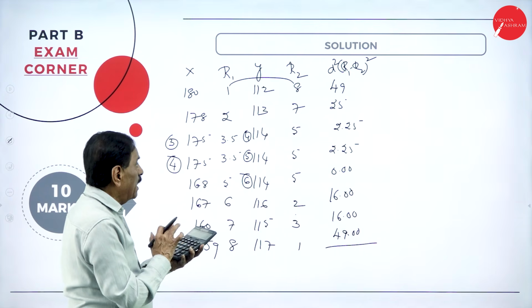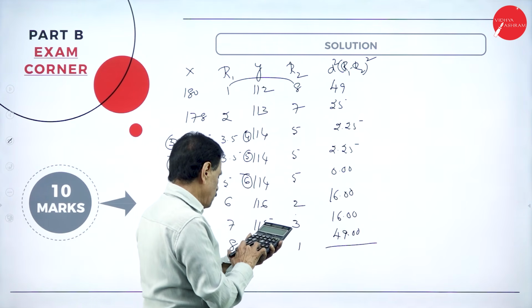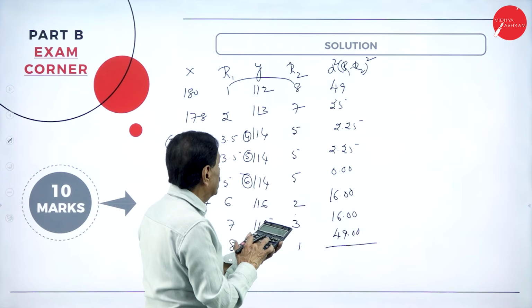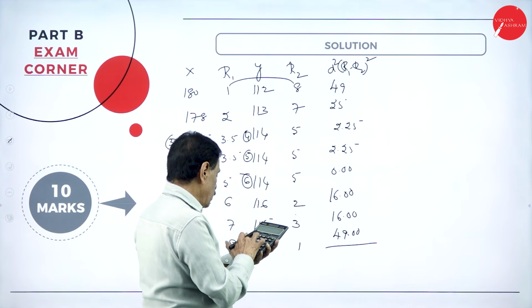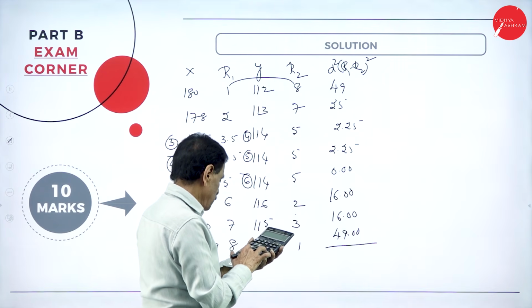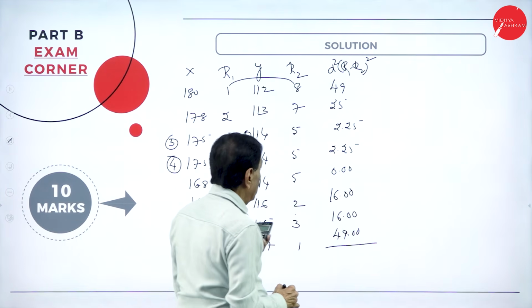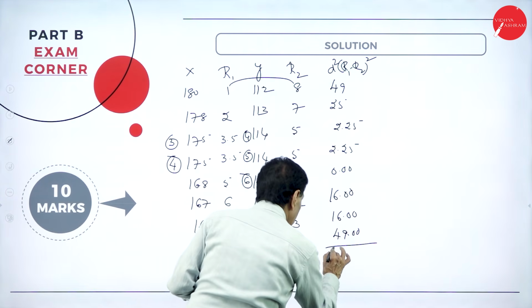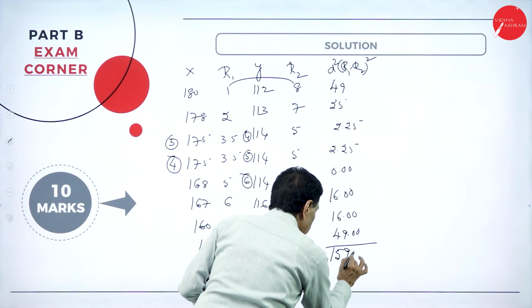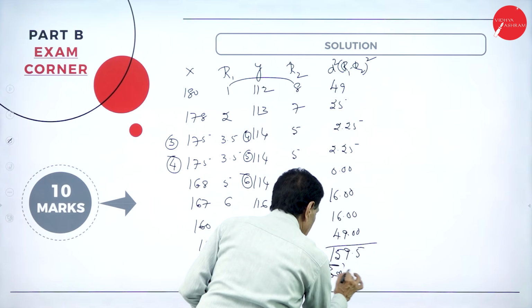This is 49 plus 25 plus 2.25 plus 2.25 plus 16 plus 16 plus 49, which is 159.50. This is sigma d square.